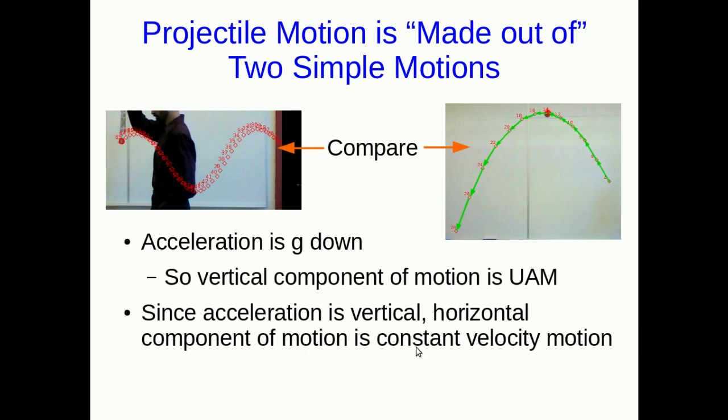In other words, the horizontal component of the motion is constant velocity motion. So we have two motions combined. One is a uniformly accelerated motion vertically, and the other is a constant velocity motion horizontally.